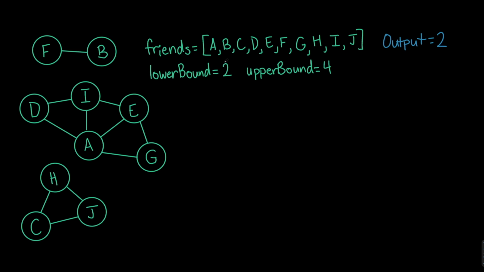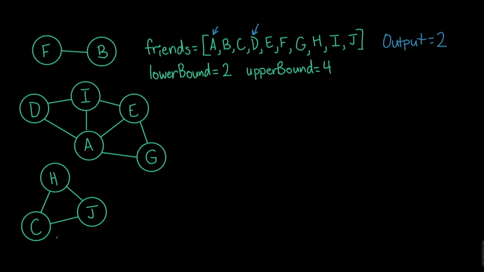Let's think about how we can modify this solution that we have to meet the requirements that we have here, which is that we should only count groups that fit between our boundaries inclusive. Well, really what we need to do is we need to know how big a group is. So this idea of we don't want to count the same group at A and D, that's still present, right?